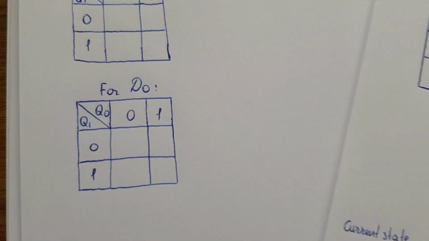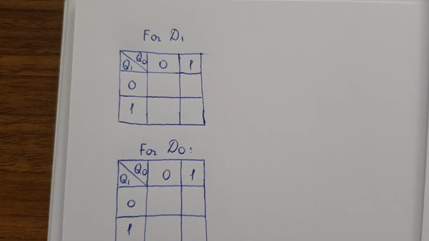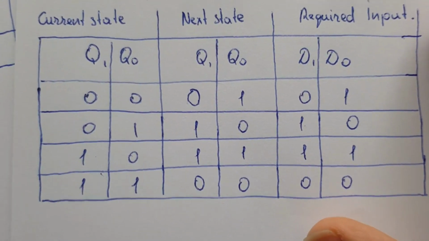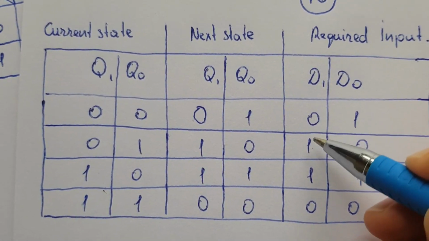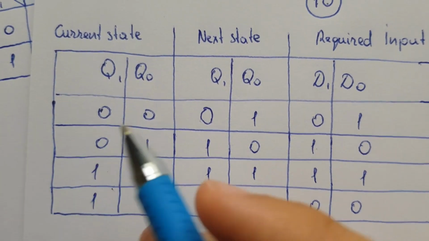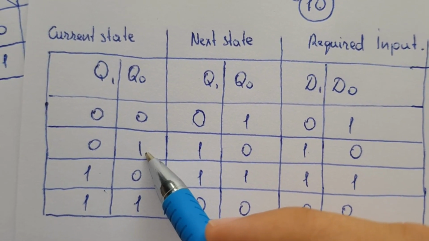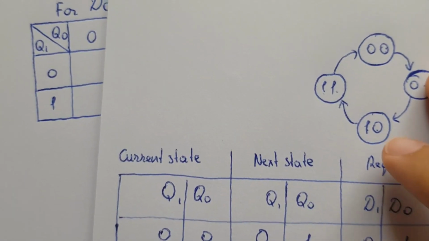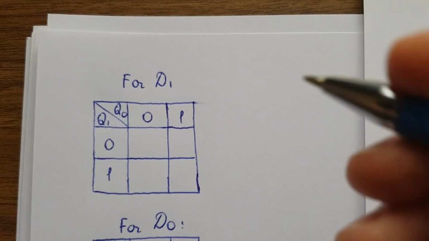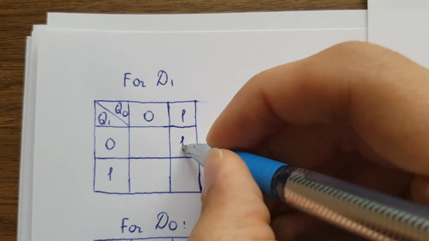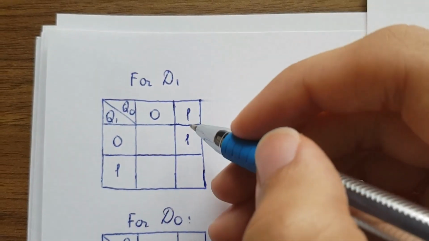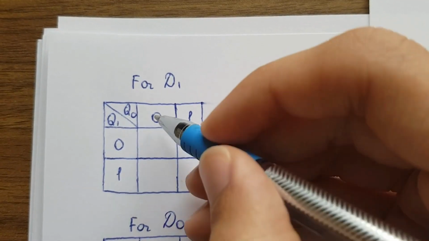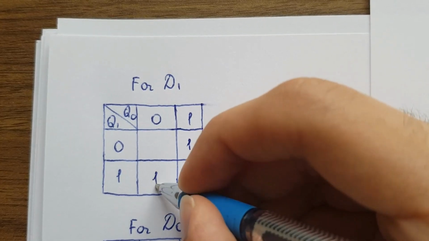Let's do this firstly for D1, and we see from this table that D1 is 1 when Q1 is 0 and Q0 is 1, and when Q1 is 1 and Q0 is 0. So we put these values on this table. When Q1 is 0 and Q0 is 1, D1 has to be 1. And when Q1 is 1 and Q0 is 0, D1 has to be 1.